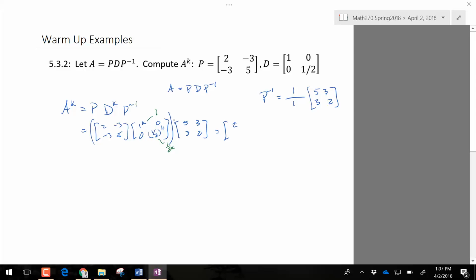And then we have 0 minus 3 over 2 to the K. Wait, that's the next one, right? And then we have negative 3 and then 5 over 2 to the K.